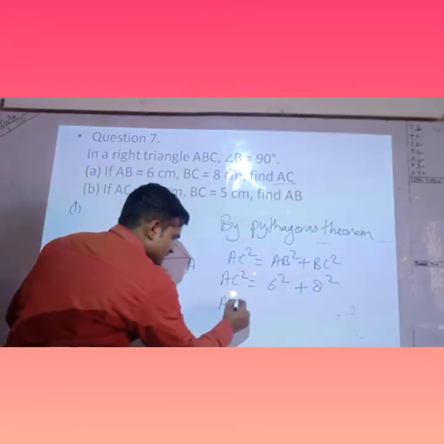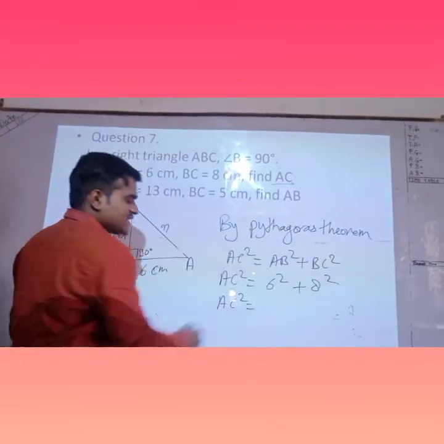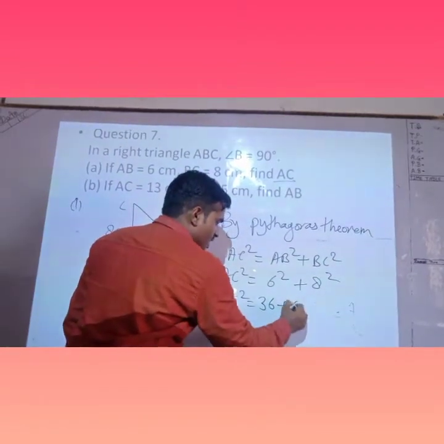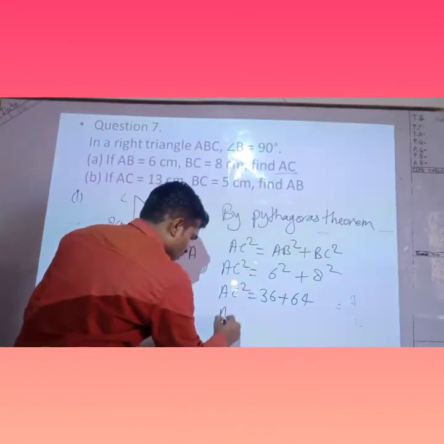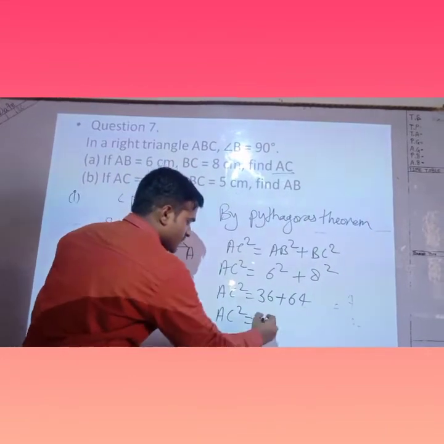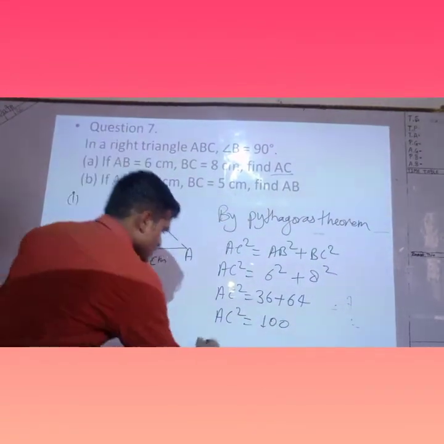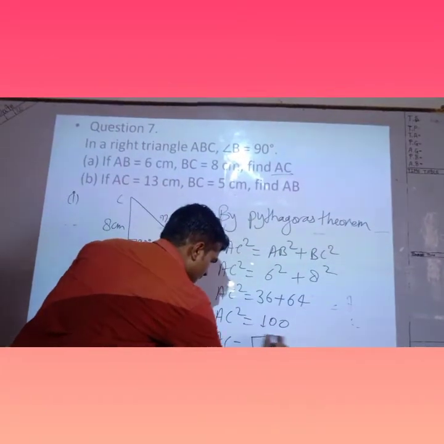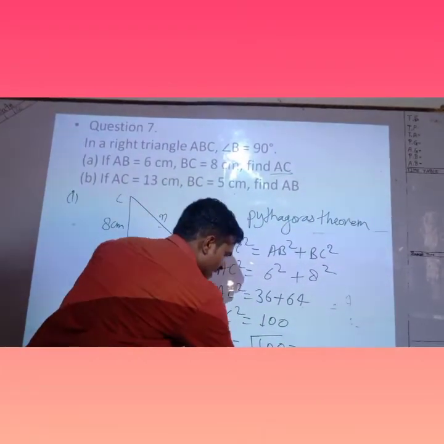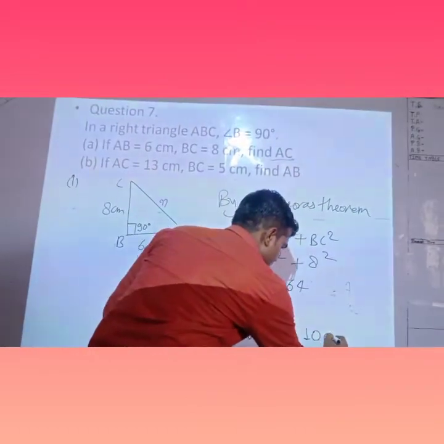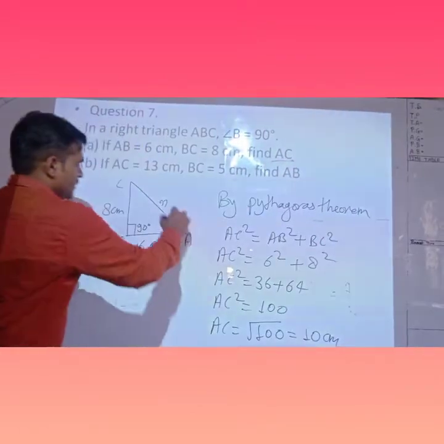So AC square is equal to square of 6, that is 36, plus square of 8, that is 64. So AC square is 100. We have to find the value of AC, so AC is equal to square root of 100, that is 10. So 10 centimeter is AC.